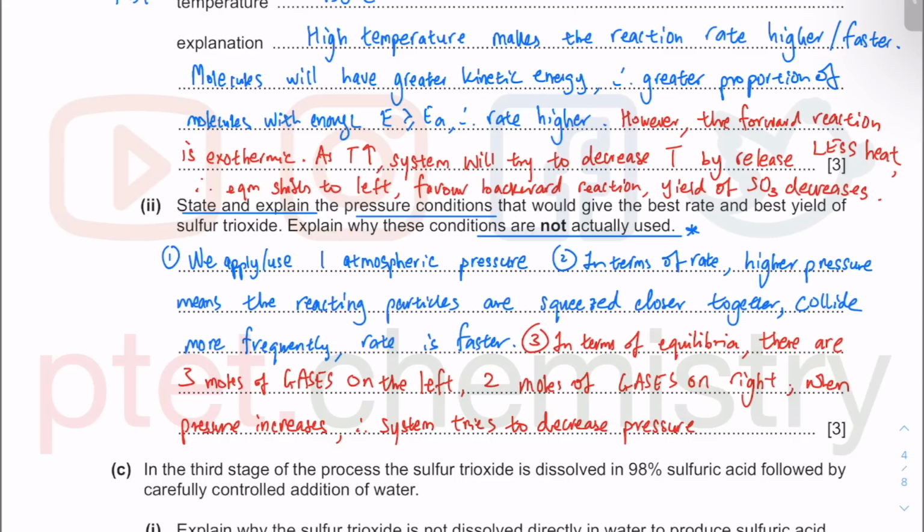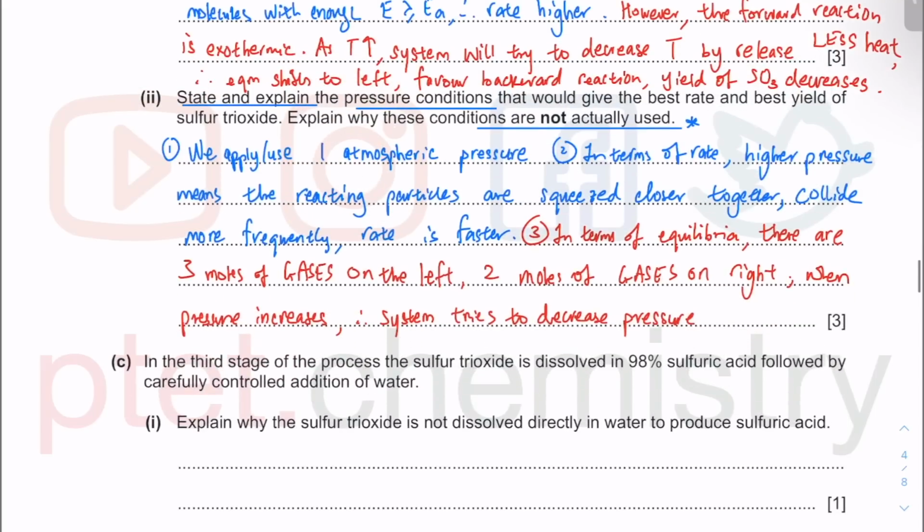You want to shift to the side with fewer gaseous molecules, and therefore you will shift to the right-hand side because the right side has fewer gaseous molecules. That was what we had stated previously. And given that higher pressure will give you a faster rate, higher pressure will give you a greater equilibrium yield because you shift it to the right-hand side.